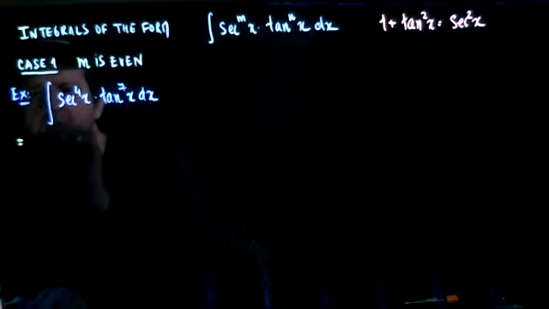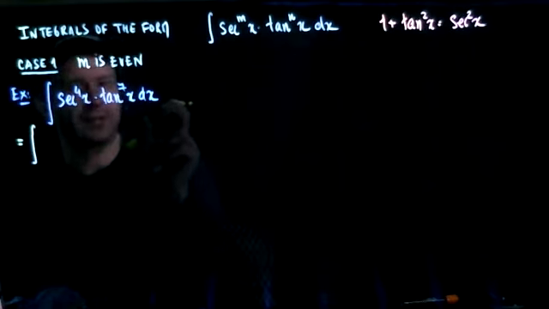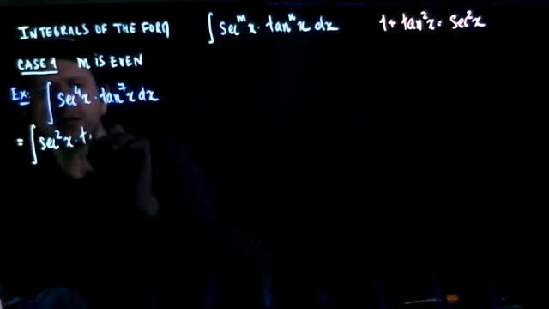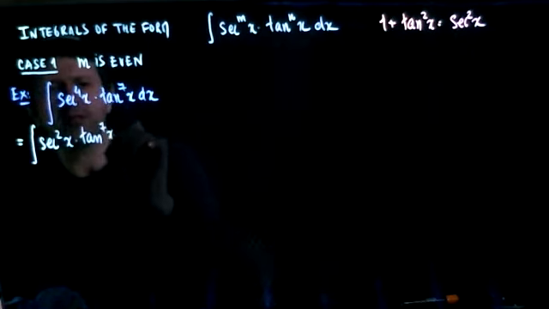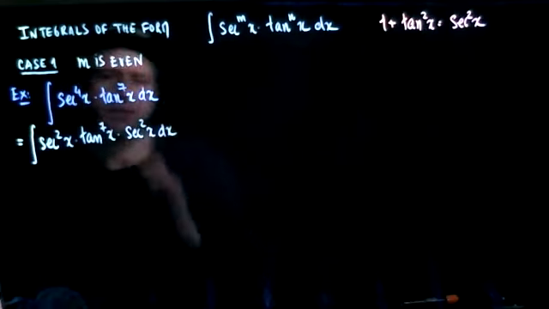So this is equal to the integral. Now I'm going to save a secant squared, I'm going to bring it with the dx. So secant squared x times tangent 7x times secant squared x dx.